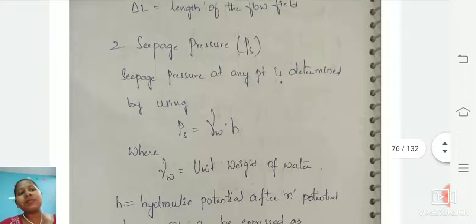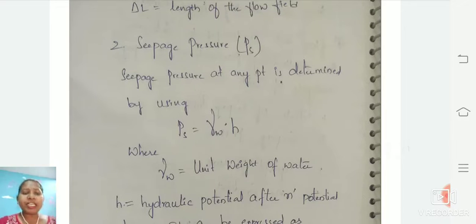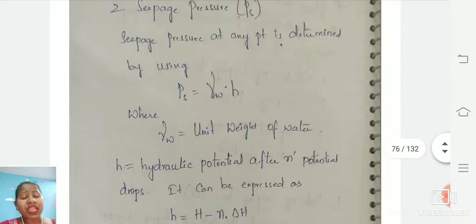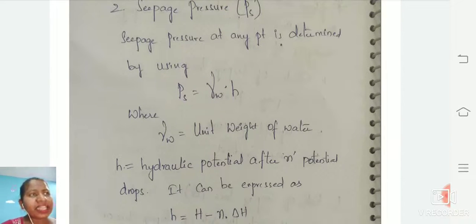The next one is seepage pressure, which we indicate with P suffix S. At any point you can determine the pressure, that means the height and whatever it is, at any point we can determine the pressure here. So we have a formula with rho W and H, where rho W is the unit weight of water, and H is the hydraulic gradient at n potentials, that means we are considering it for n equipotential lines.